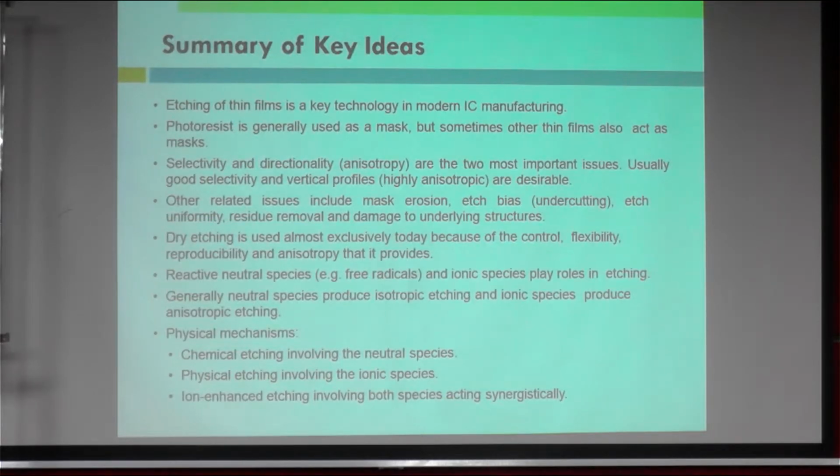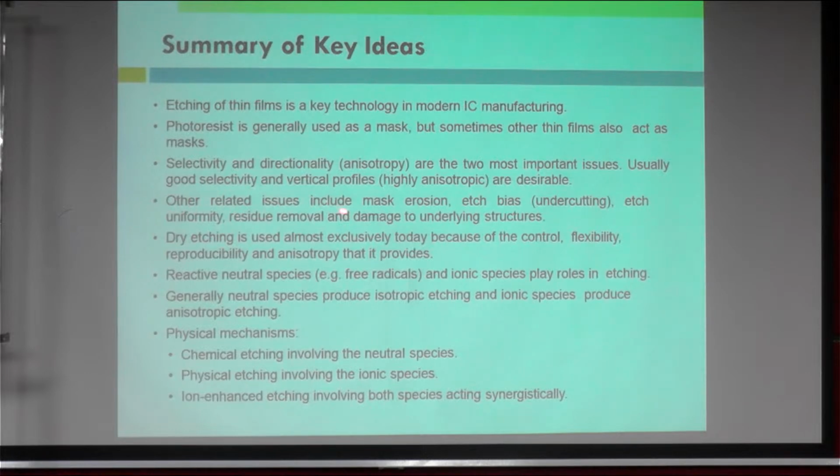So the etching of thin films is a key technology in modern IC manufacturing, and photoresist is generally used as a mask, but sometimes other thin films also act as a mask. For example, you can use silicon dioxide as well. Selectivity and directionality are the two most important issues. Usually good selectivity and vertical profiles are desirable, in order to have the geometry as intended.